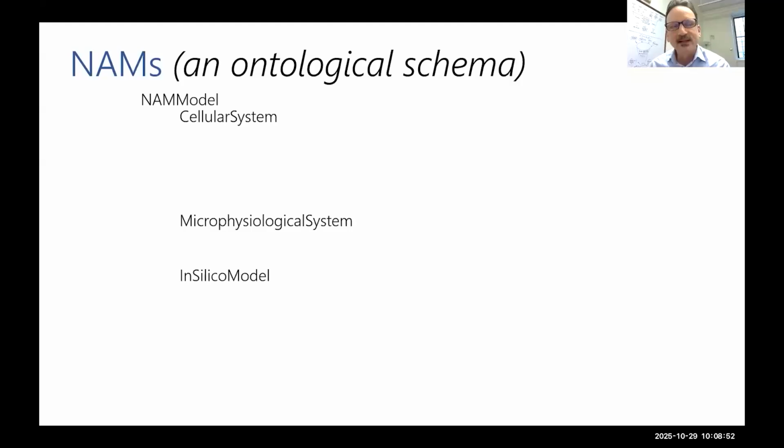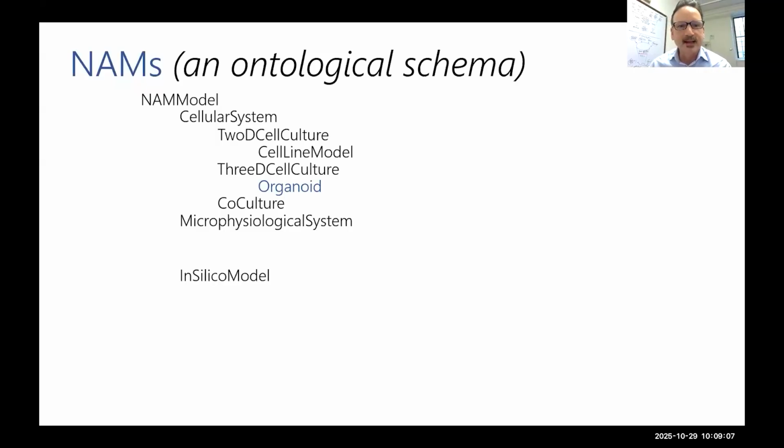And then within these child terms, there are grandchild terms. So there's 2D cell culture and 3D cell culture and co-culture, which are sort of living underneath the umbrella term of cellular systems. And within those, there are even another layer of approaches, cell line models and organoids. And organoids in blue, because that's what we're going to focus on today.